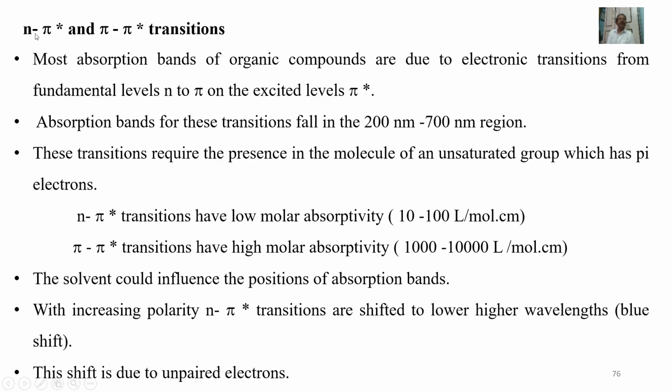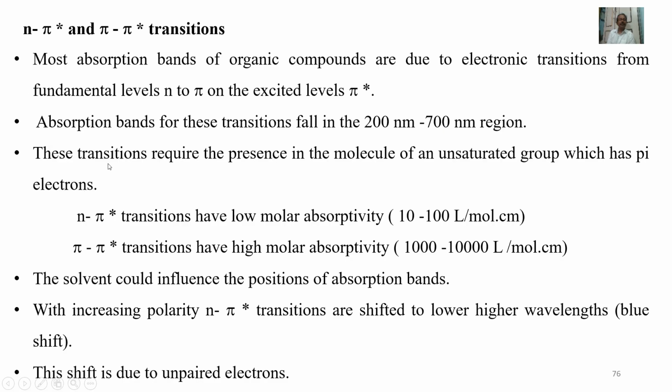n to pi star and pi to pi star transitions. Most absorption bands of organic compounds are due to electronic transitions from fundamental levels n or pi to the excited levels pi star. Absorption bands for these transitions fall in the region 200 nanometer to 700 nanometer.